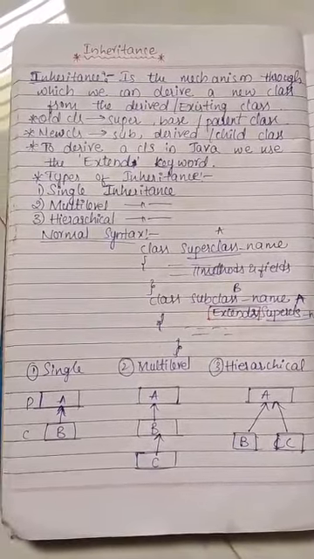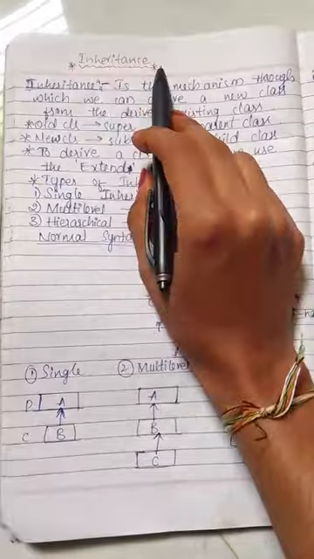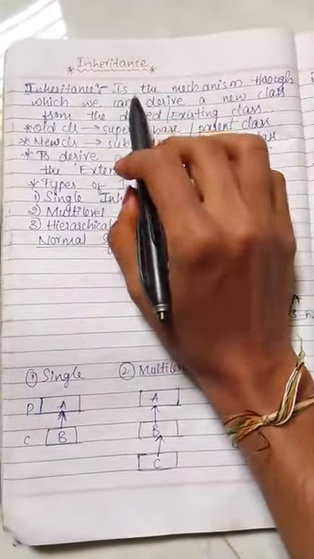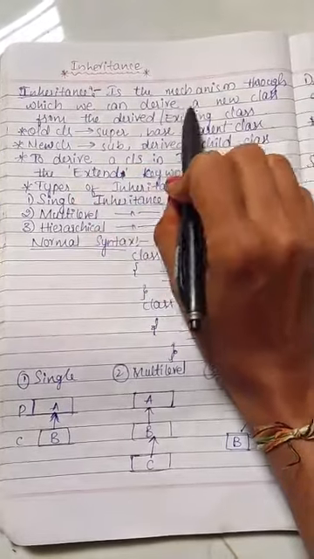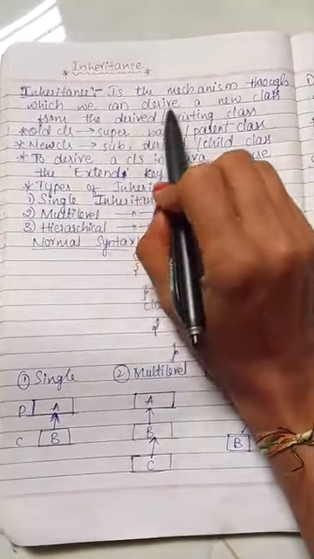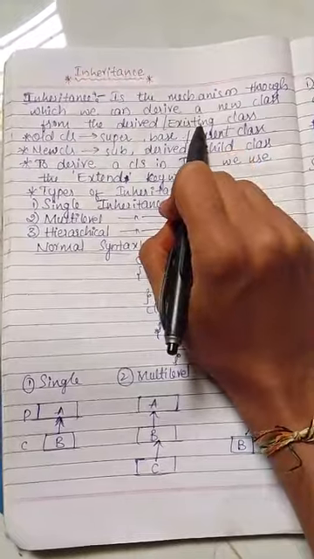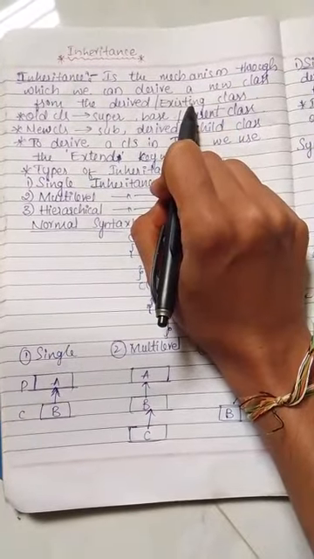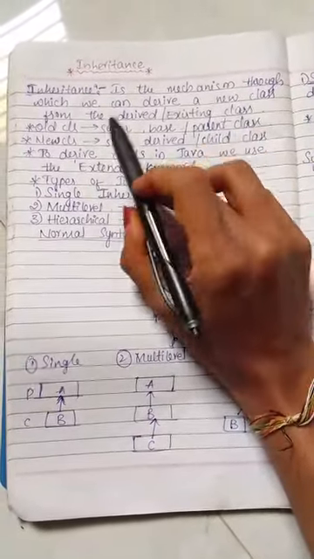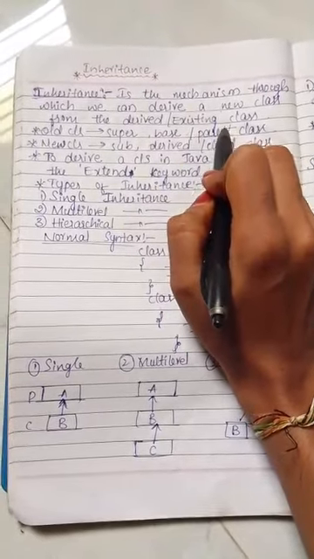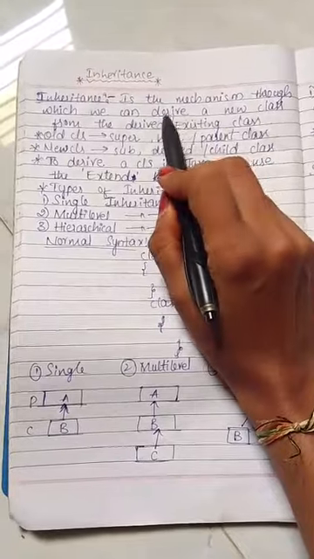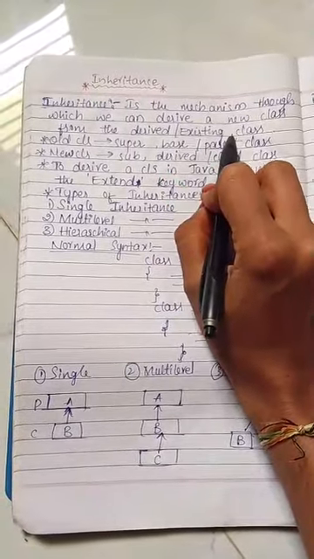In this video I am going to teach you about inheritance. Inheritance is nothing but the mechanism through which we can derive a new class from an existing class. We are creating the new class from the existing class.